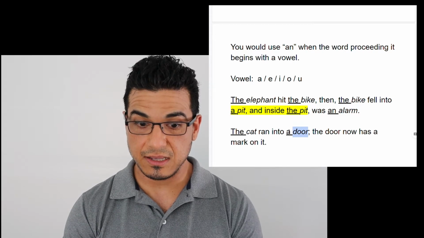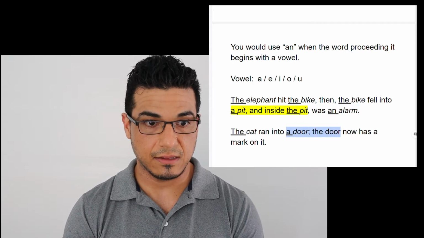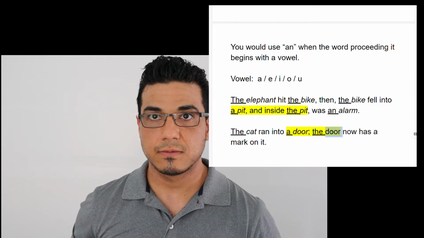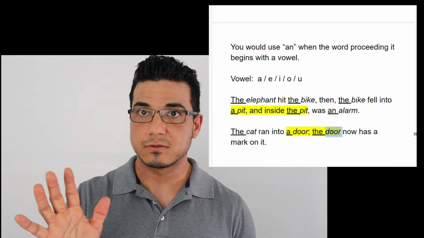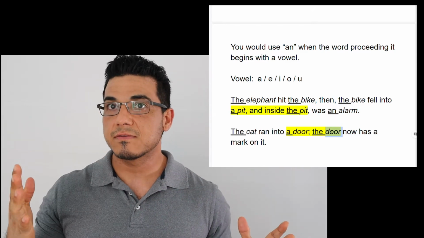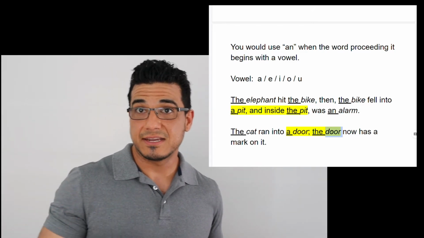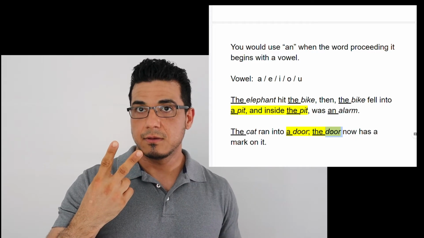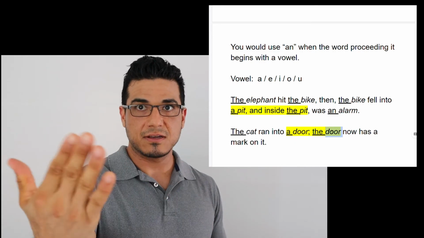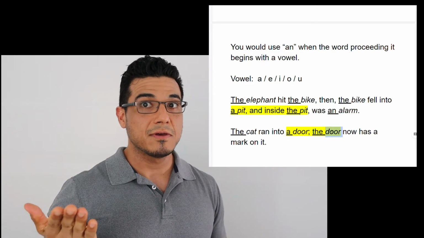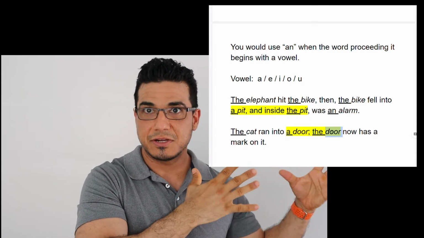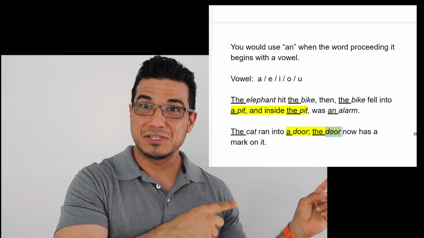But still talking about this door, which I'll highlight, I now refer to it as the door. And again, this is a rule. The reason is this general door, this non-specified door I was just talking about, is now being referenced a second time, which means through the second reference in the sentence, based on the way I'm using it, you should know that the door I'm referring to is the door I mentioned generally earlier.